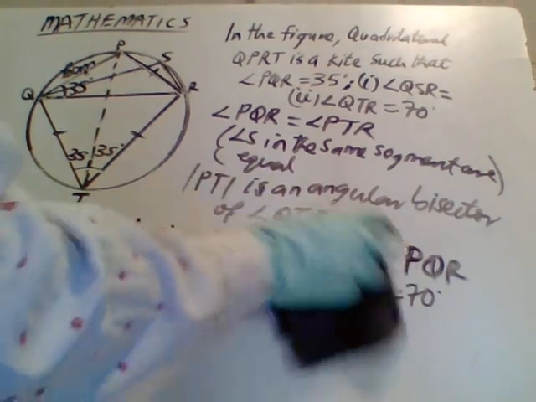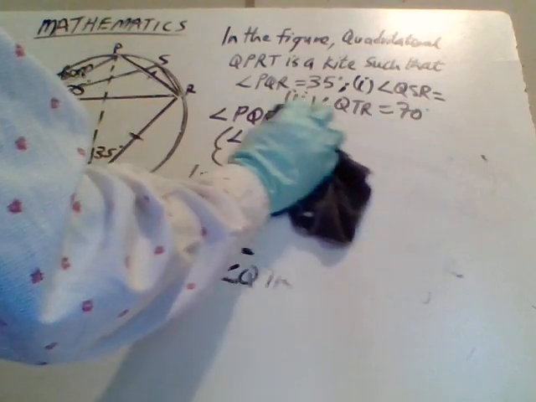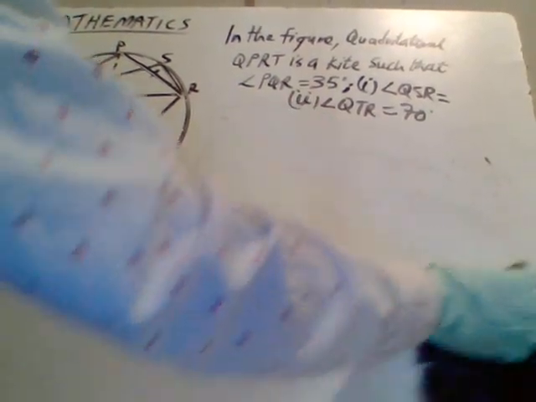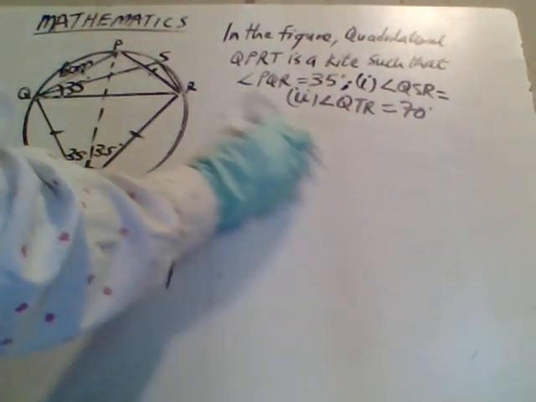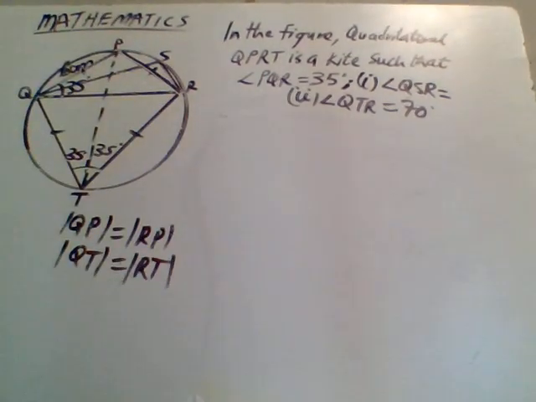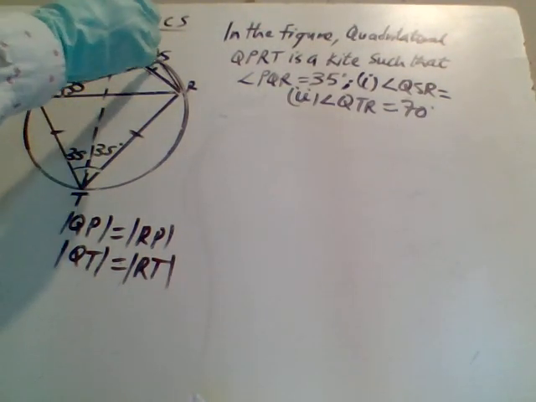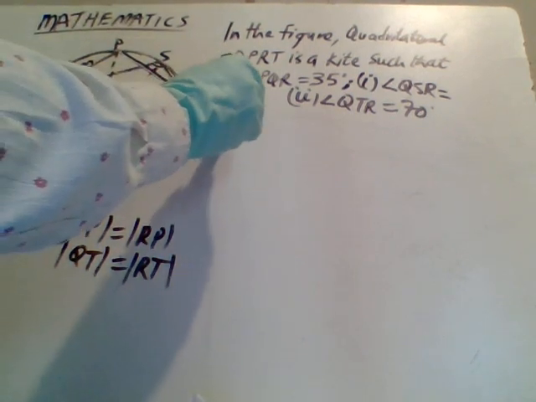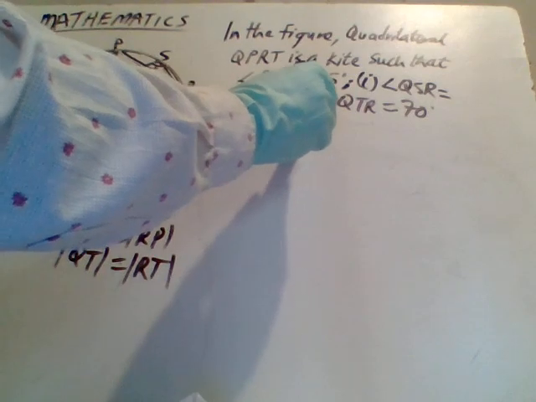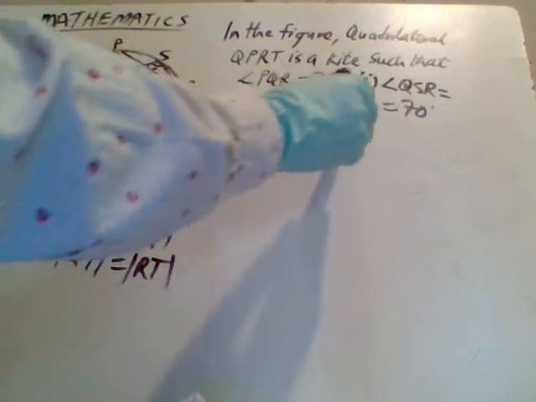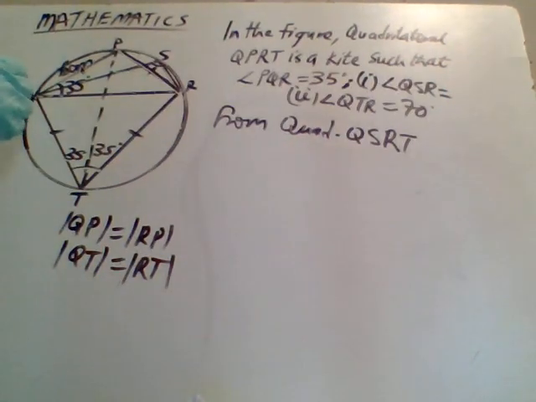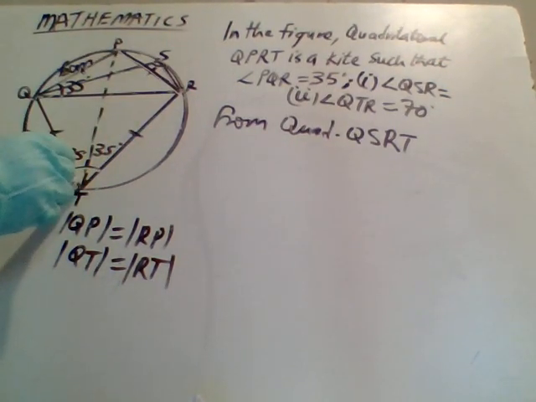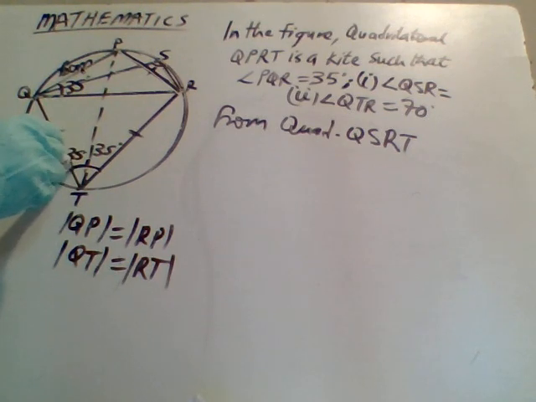So I can clean here. How do we find angle QSR? QSR, this angle here. So from quadrilateral QSRT, we already know this angle, so we can find this angle.